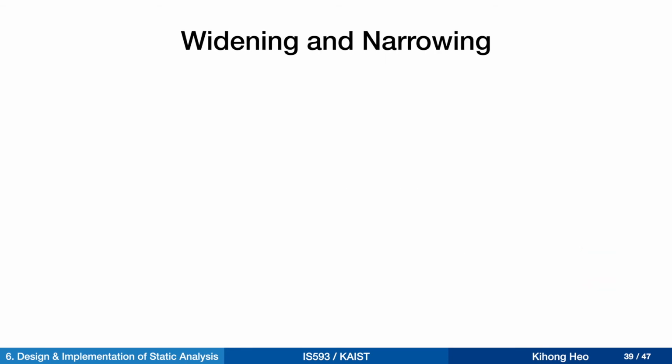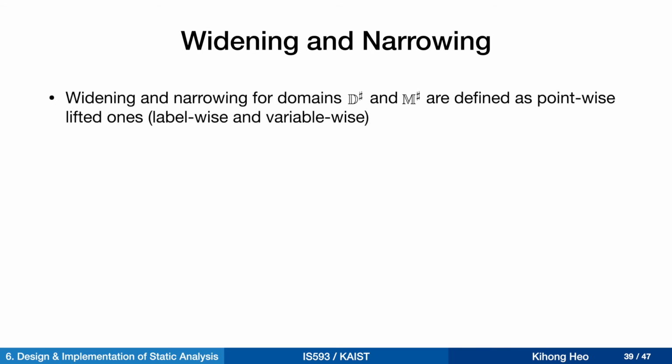So far we have designed concrete and abstract semantic domains and semantic functions. So this is enough if the abstract domain has finite height, right? But we are now using the interval domain which has infinite height. So we need to define a widening operator for termination and narrowing for refinement. The widening and narrowing for function domains like D# and M# can be defined as pointwise lifting.